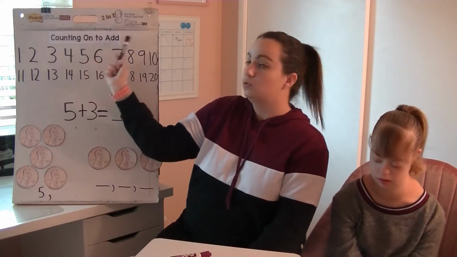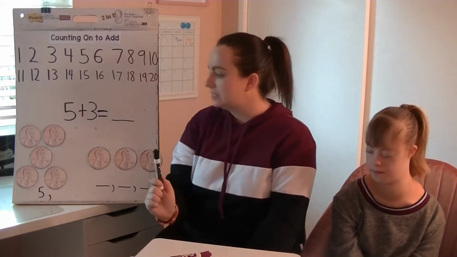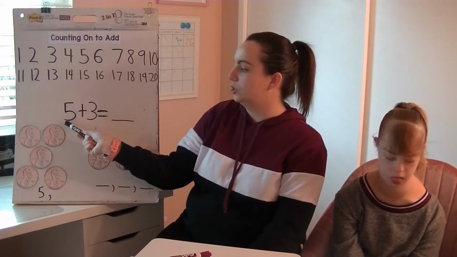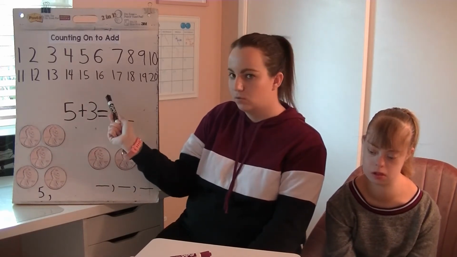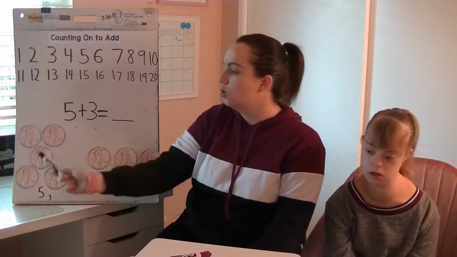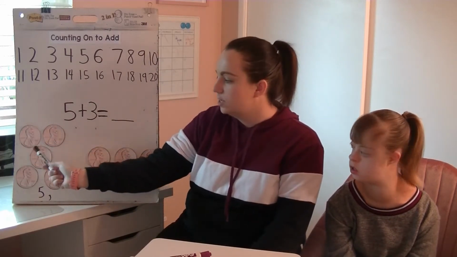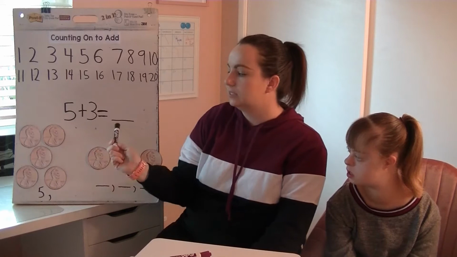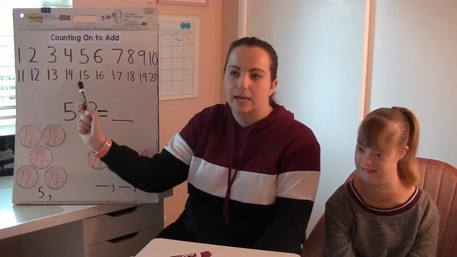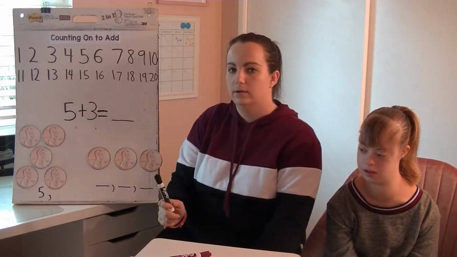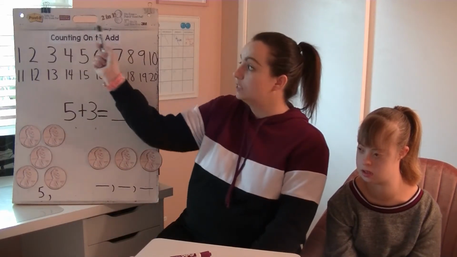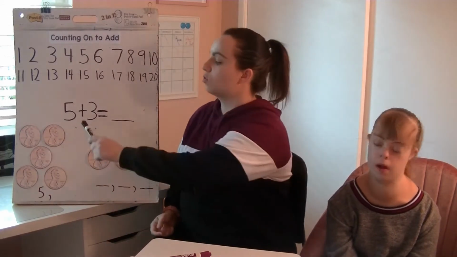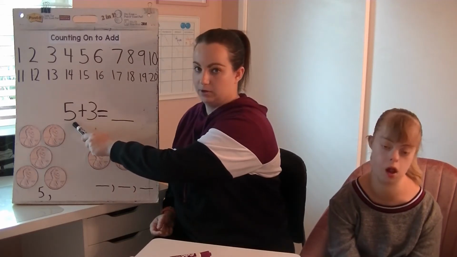Counting on to add is, instead of having to look at an addition problem like 5 plus 3 equals, and going 1, 2, 3, 4, 5, 6, 7, 8, instead of having to count every single one starting from 1, counting on means you already know a number.